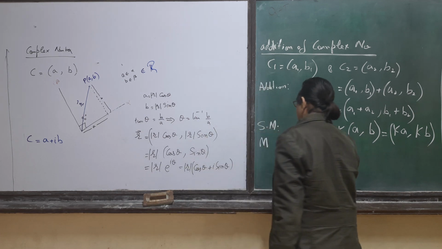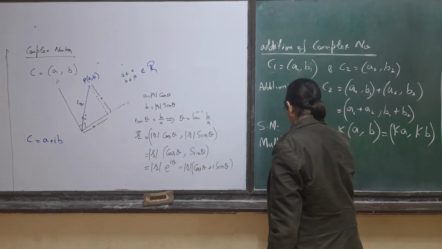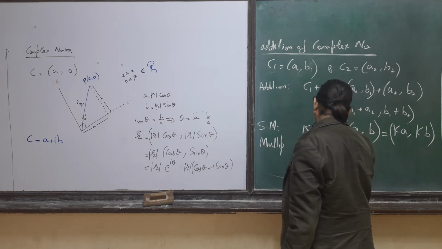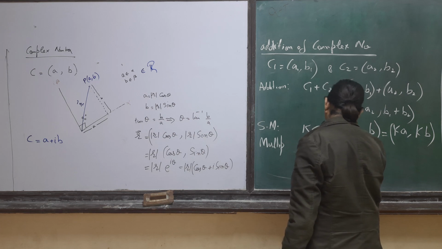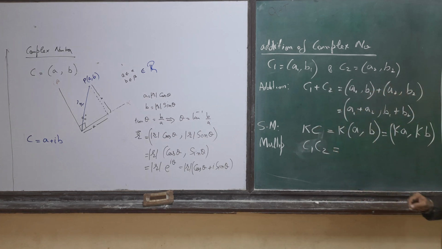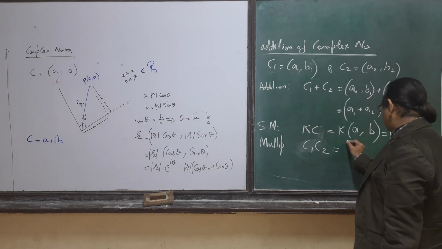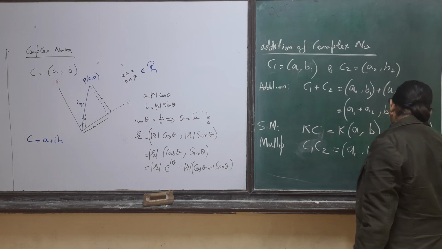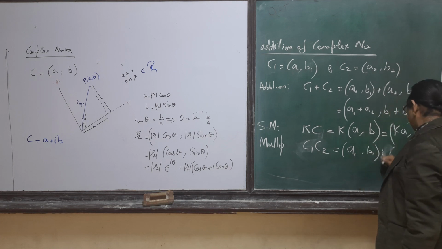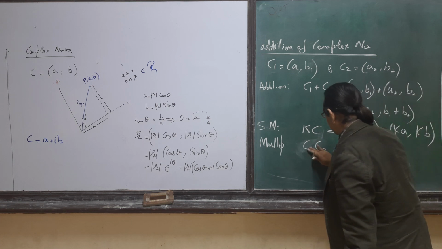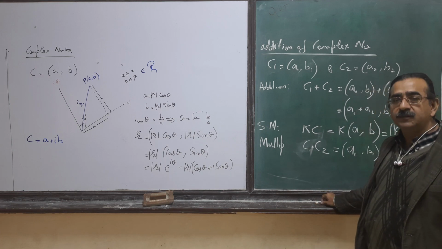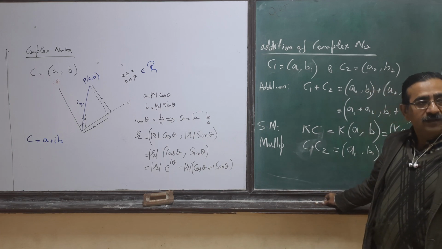Third is multiplication. If you are multiplying two complex numbers, A1 B1 multiplied by A2 B2. Usually multiplication is represented by a dot. This dot doesn't mean the dot product. It actually means multiplication. This is not the dot product.